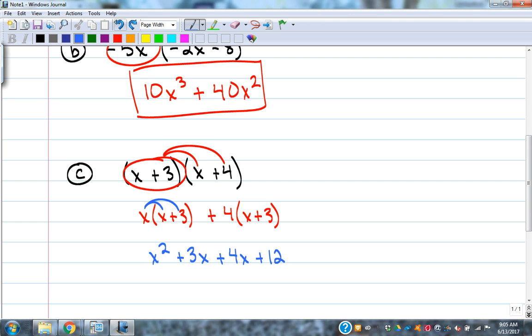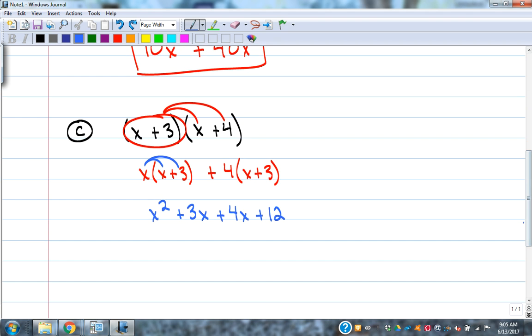FOIL method only works when it's a binomial times a binomial. It doesn't work any other time. So you learn this big method for only certain kinds of problems. It's kind of like having a tool that only does one job. It doesn't really help you that much, where you have some tools that can do multiple jobs, that can be helpful.